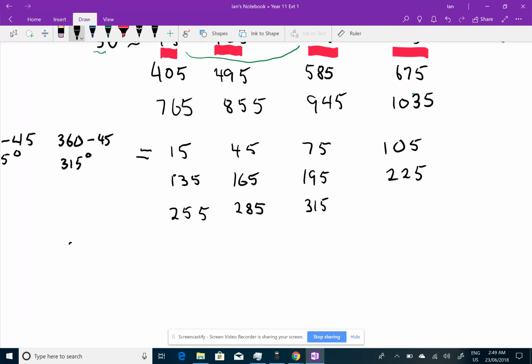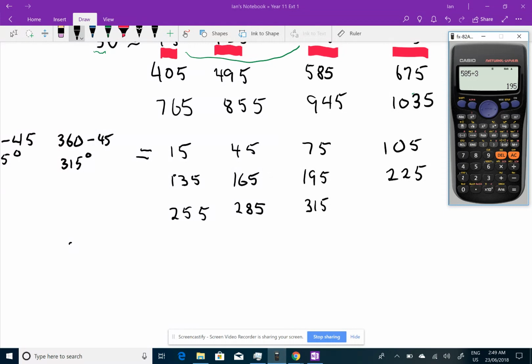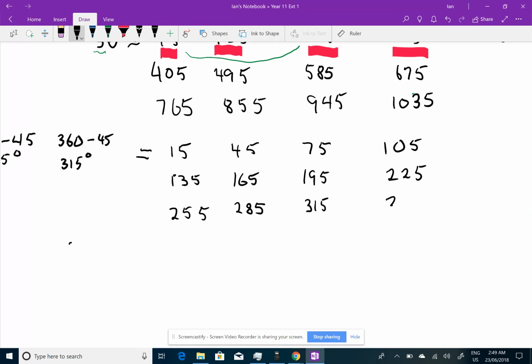I think I'm going to double check that. 195 plus 120. Yep. And 120 plus the last one, 345. They should be all our answers. There are 9 of them. That's incredible. Sorry, 12.